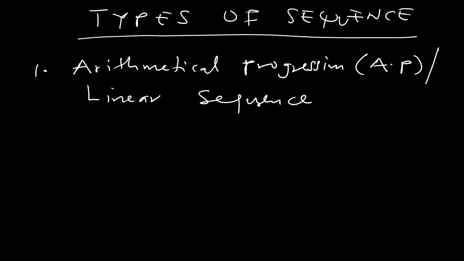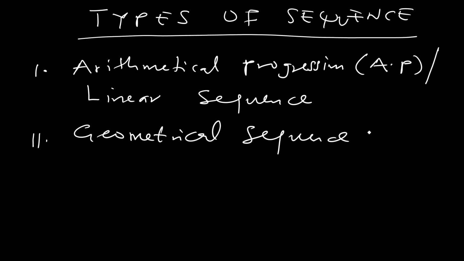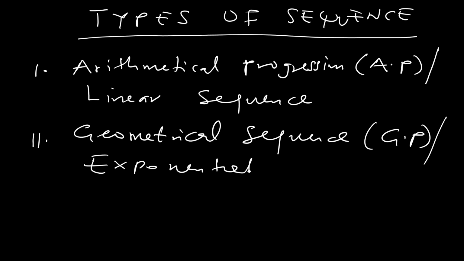The next type is called geometrical sequence. GP is the name, or exponential sequence. So we take them one by one. Let's start with the arithmetical progression, that is AP.